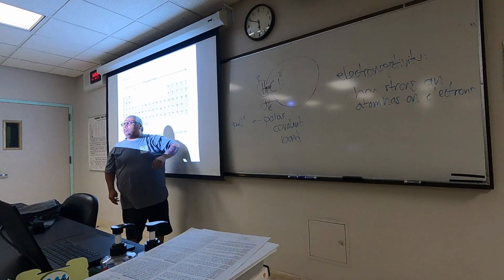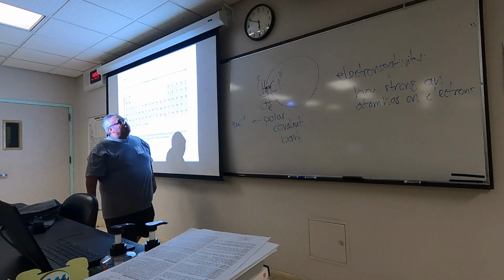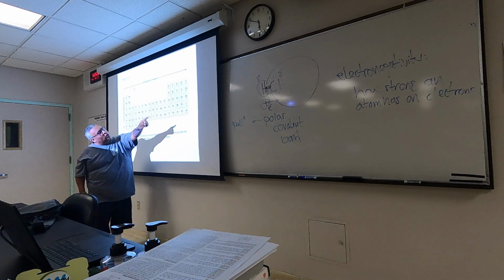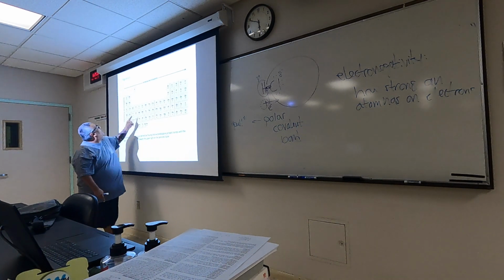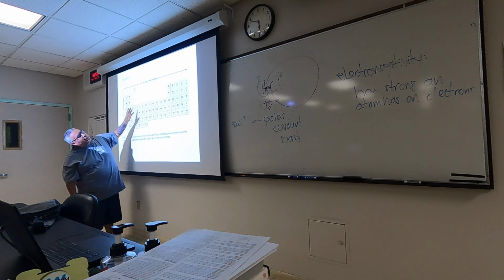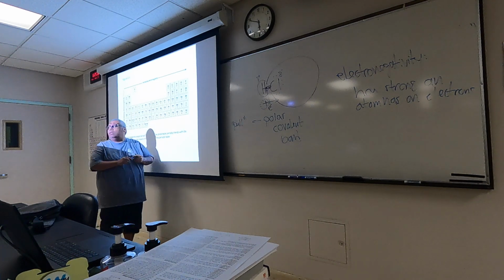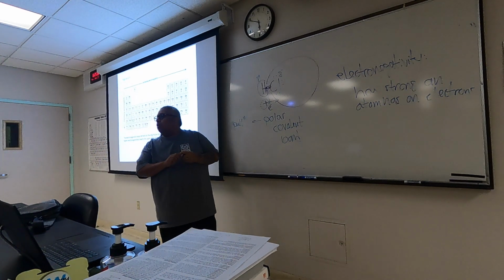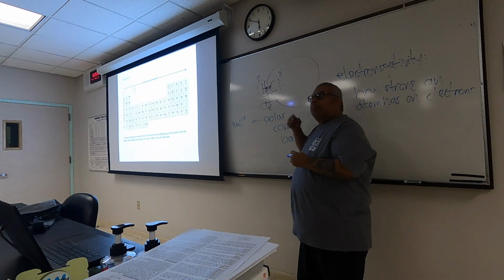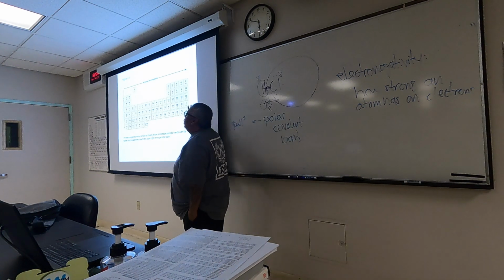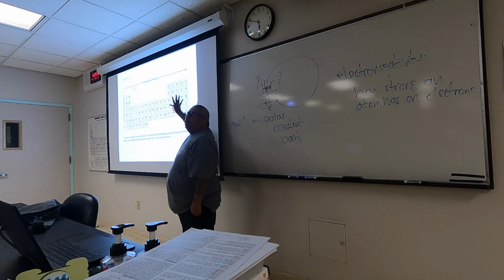But fluorine has the strongest pull. Now, if we take a look at chlorine, 3.0, and hydrogen, 2.1, which one has the stronger pull? The chlorine does. So this is how we know which elements have a stronger or weaker pull.